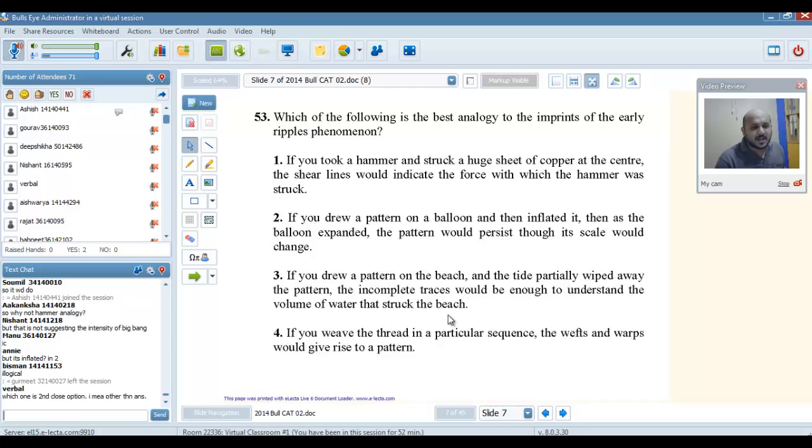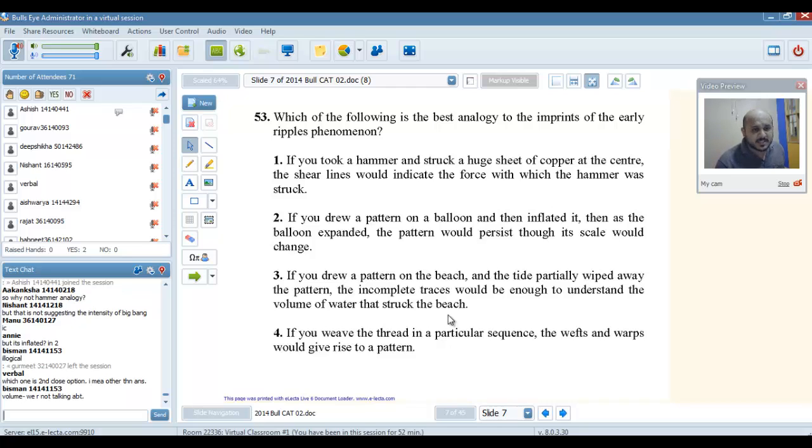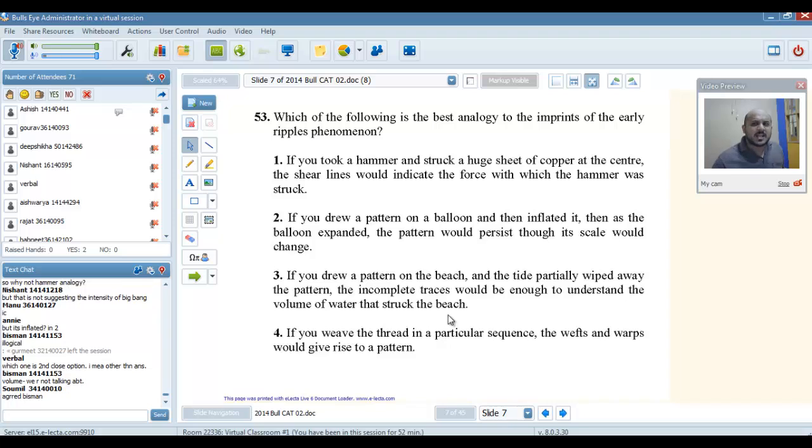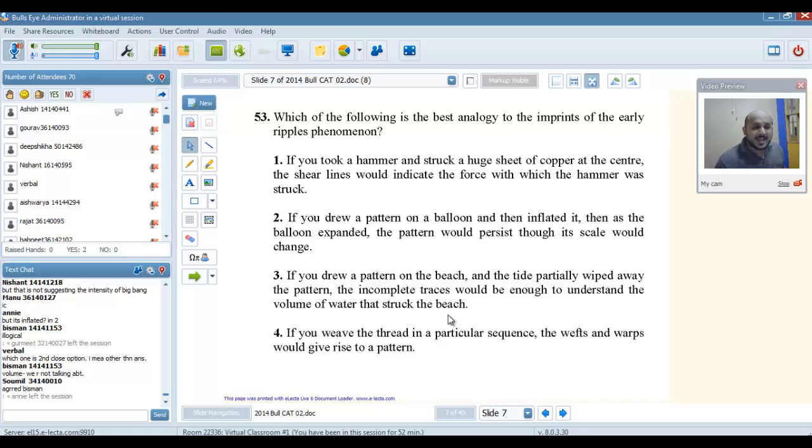Now, had the analogy been something like this, the shear lines are already contained in the copper at its center, and then you strike and you change the form of the copper sheet, and the shear lines still stay in the copper sheet, then it would have been option number 1.